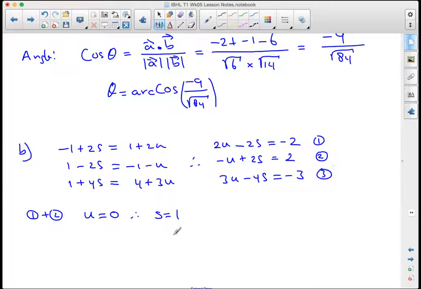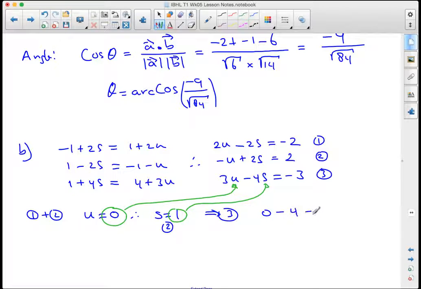If we put in these values in equation 3, so we're going to put in this 0 there for u, and this 1 here for s, then it says 0 take away 4 equals -3, which is just not true.